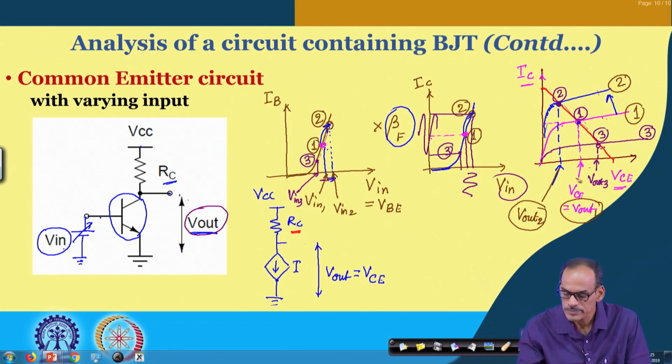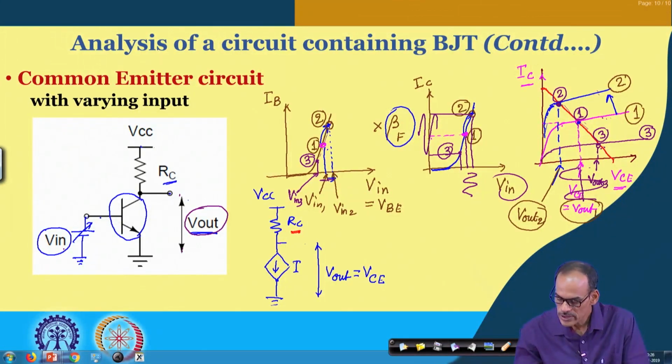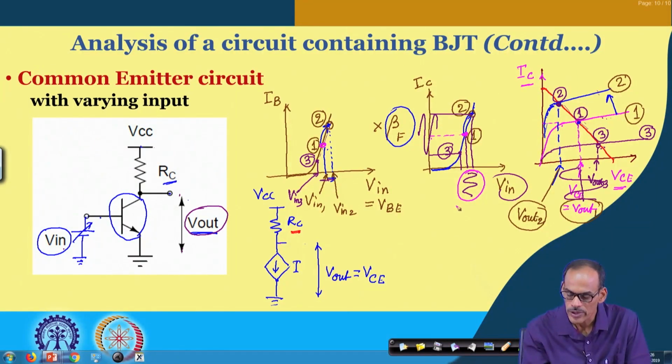As a result, the corresponding effect is coming to the output in the amplified form. So, if I say this is the cause or input, maybe signal input called small v in, and the corresponding variation whatever we are getting here is the V out.